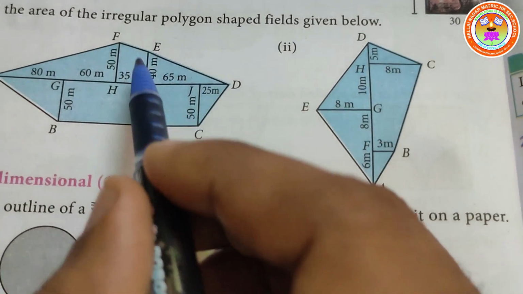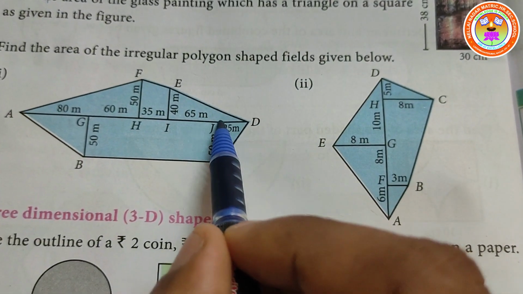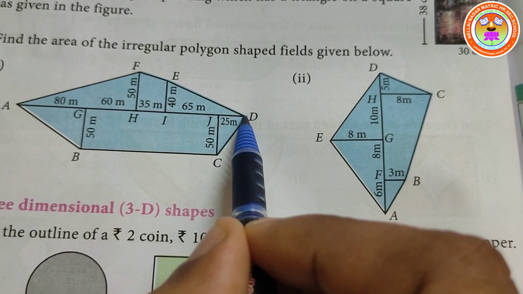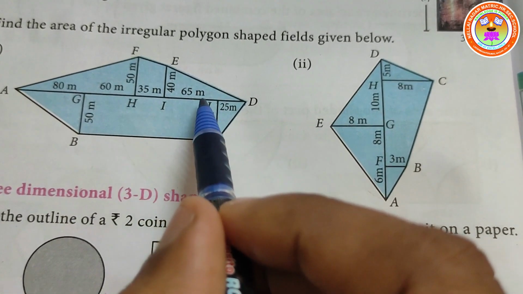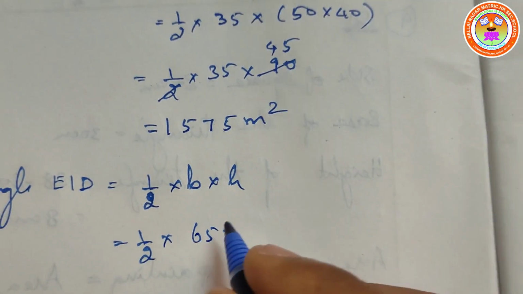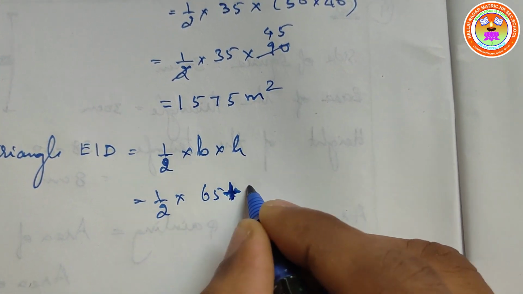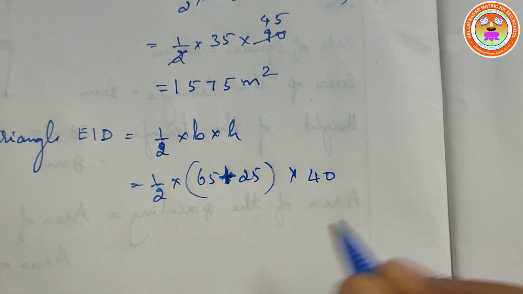Height is 40. So therefore it is not up to this only, it's 65. Up to D you have to add one more 25. Therefore the base is 65 plus 25. Height is 40. So how will you write here? Base is nothing but 65 plus 25 and height is nothing but 40.